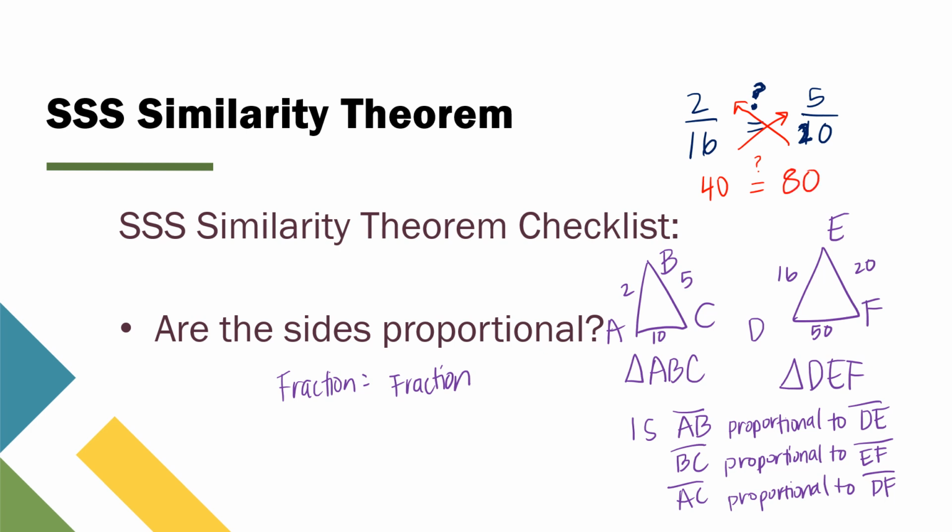My bad. So those are not equal, so those are not proportional. So you would say triangle ABC is not similar to triangle DEF. All right, so pretty simple to check that those are equal. You're really just setting up a bunch of proportions and doing cross multiplication to check that they're equal.